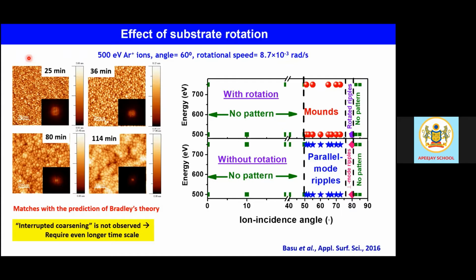This matches with the prediction of Bradley's theory, and certain additional terms were introduced, and this resulted in this Surface Science paper by us in collaboration with the famous Richard Mark Bradley. It was very kind of him to collaborate with us, and these were really fascinating results nonetheless.